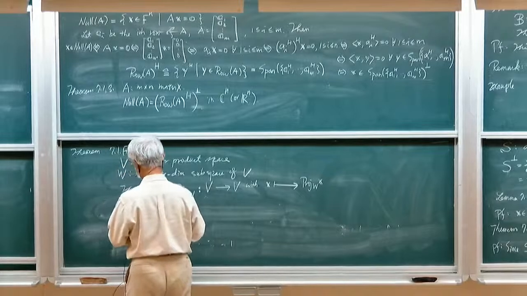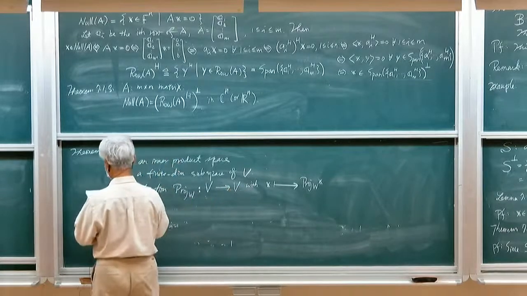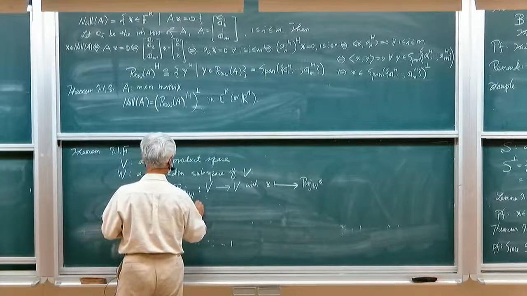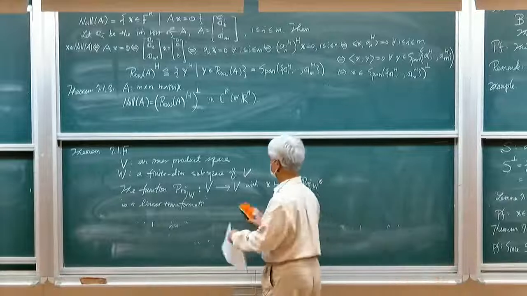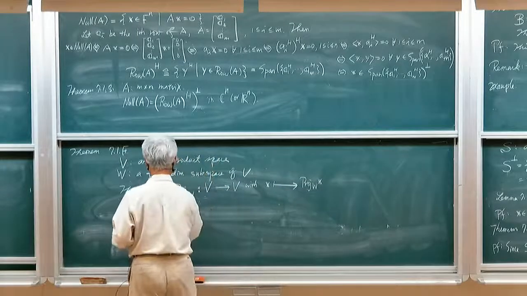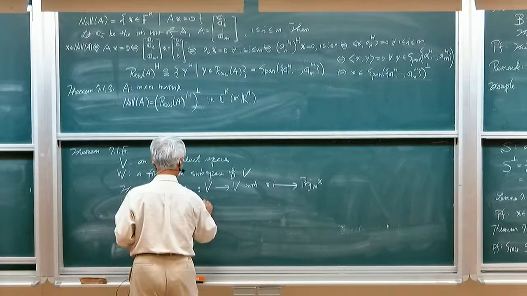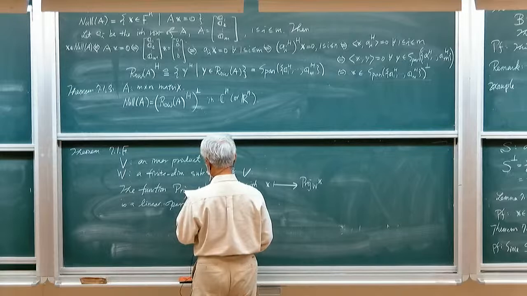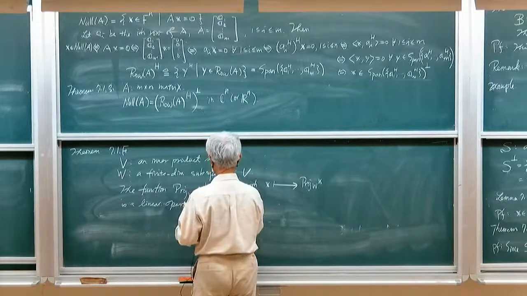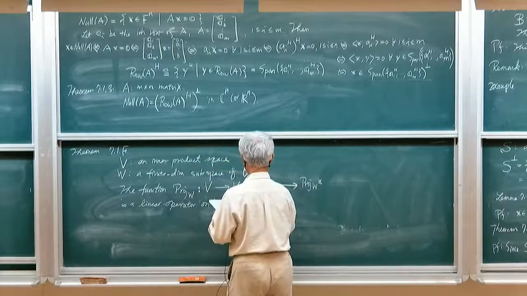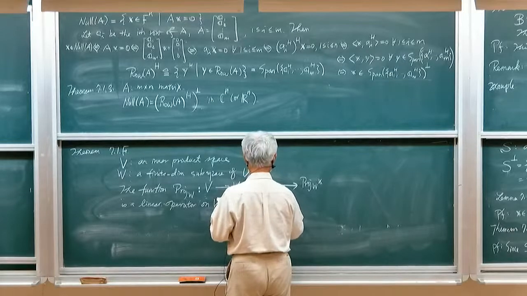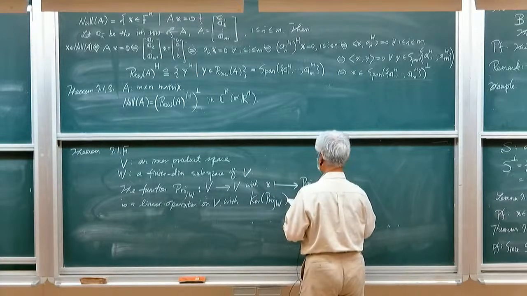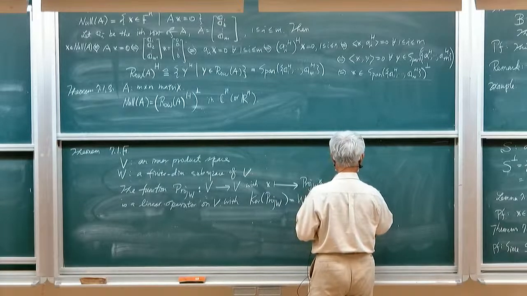Now the function is a linear transformation, a linear operator, because it's from V to V. It's a linear operator on V. Its kernel, the kernel of this proj_W, is just the orthogonal complement of W, and the range of this linear operator is W itself.